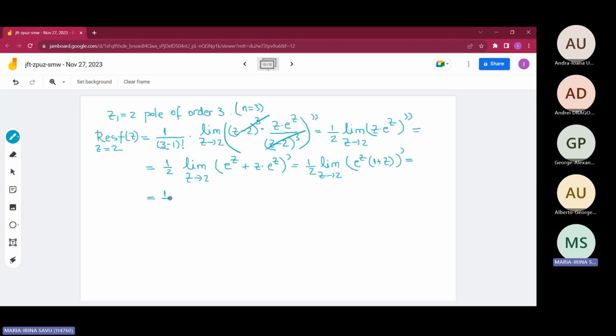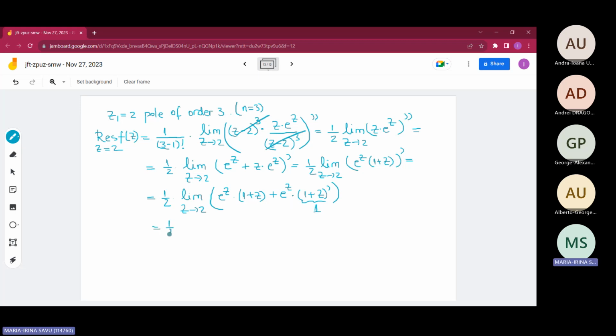So you have 1 over 2 times the limit when z goes to 2 of the derivative of the first one, which is the same, times the second function, which won't be changed, plus the first function, which is copied, times the derivative of the second function, which is 1.